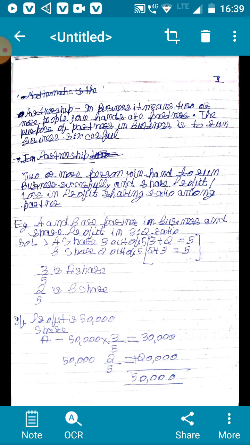Partnership: two or more persons join to run business successfully and share profits and losses in the profit sharing ratio among partners.